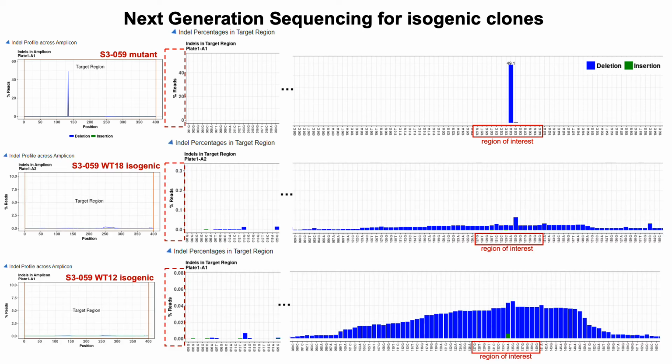Here are the two isogenic clones we have been successful in getting. The percentage of reads has already dropped to 0, and we don't have any deletion in the region of interest. We are also trying to confirm any off-target effects, and we have sent the DNA samples for whole exome sequencing, but we are still waiting for the results and hoping they are good, just like we confirmed with the NGS.